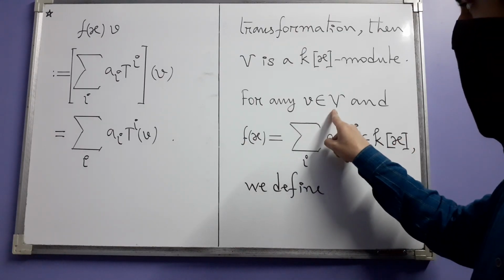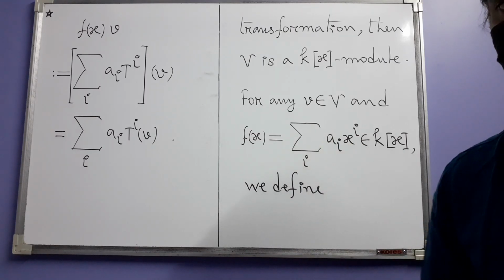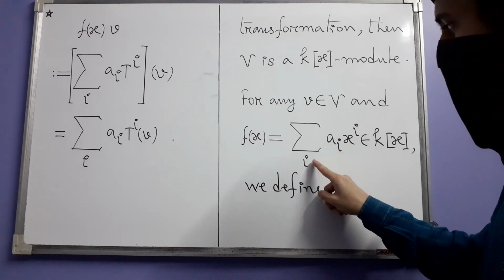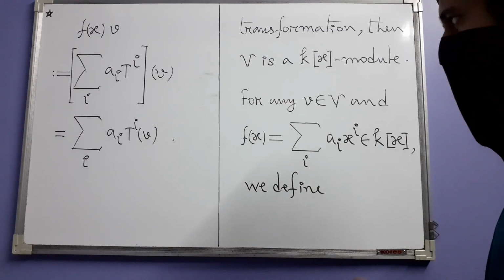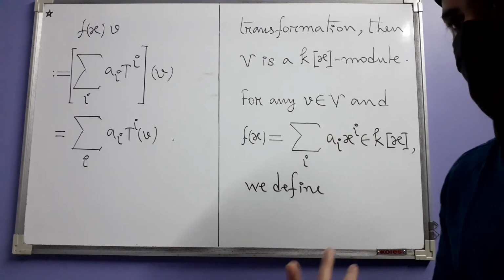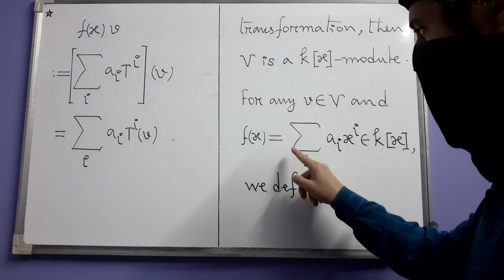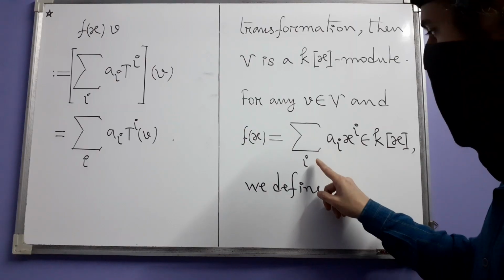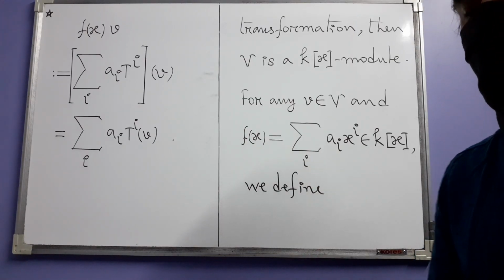For any vector v and any polynomial f(x), which say looks like this, I have deliberately not shown the variation of this index i of summation because it will vary from 0 to some non-negative integer. That's understood. Simply I have written summation. I did not want to write this i also, but then it would look a little strange.